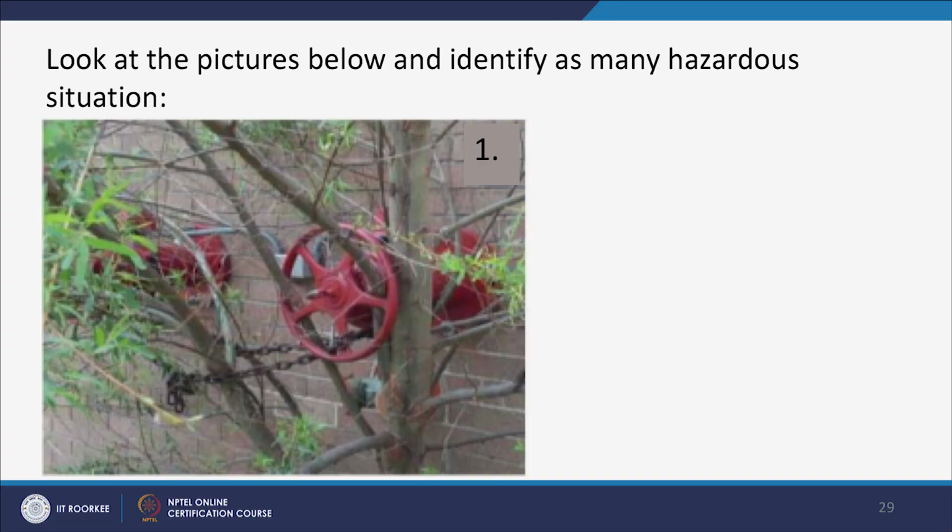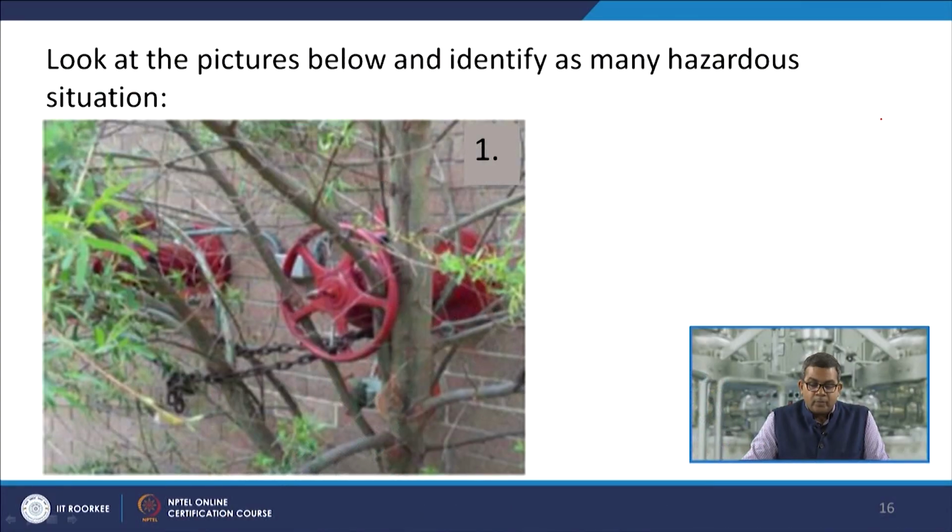Now, this is a fire water valve, and it cannot be operated because of the branches growing all around, which you can see in the photograph. This restricts the operational ability of this valve, and the valve is locked in position by the branches of the tree.